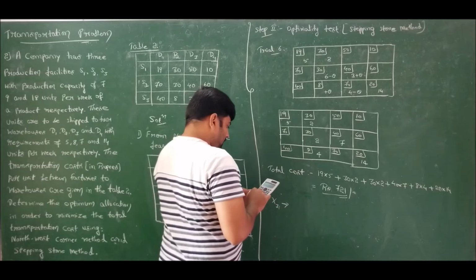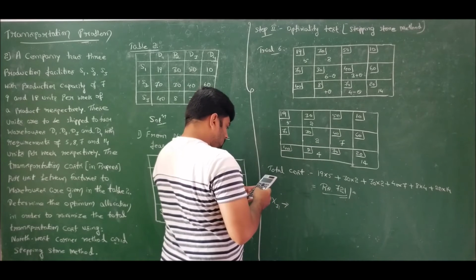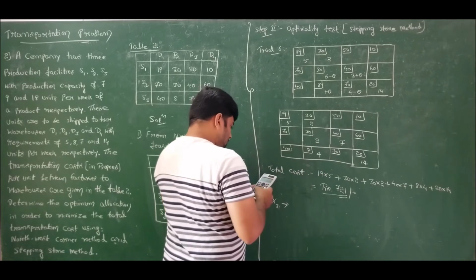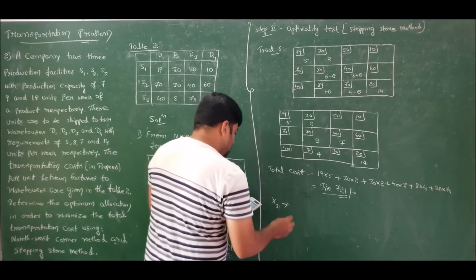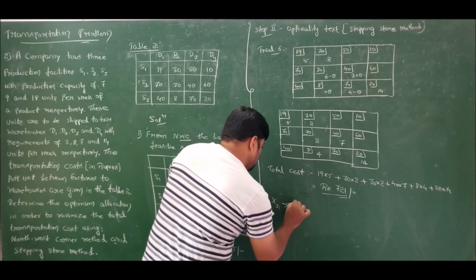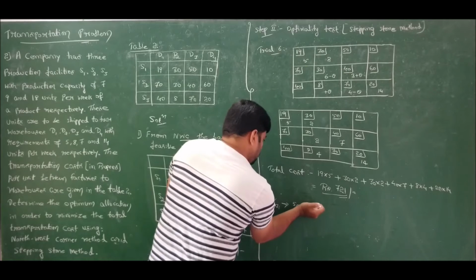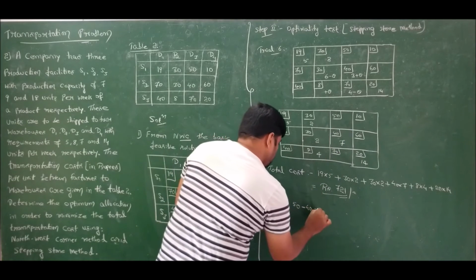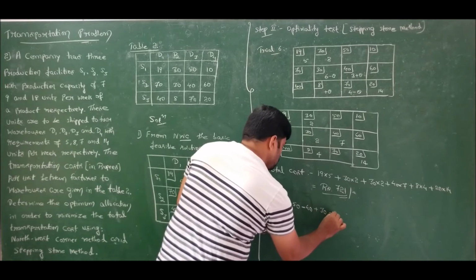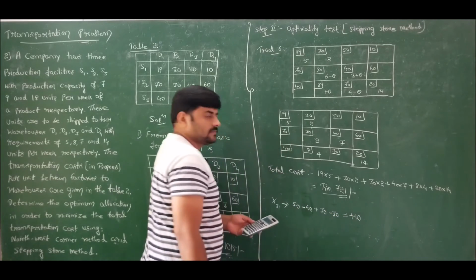Plus 50, minus 40, plus 30, minus 30. So there is a net increase of plus 10, right?